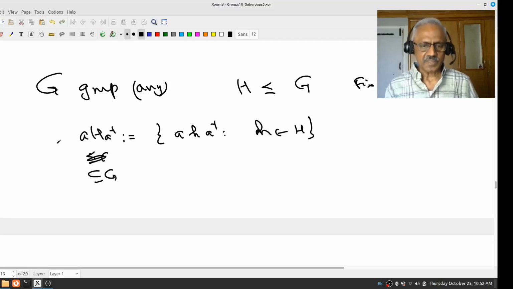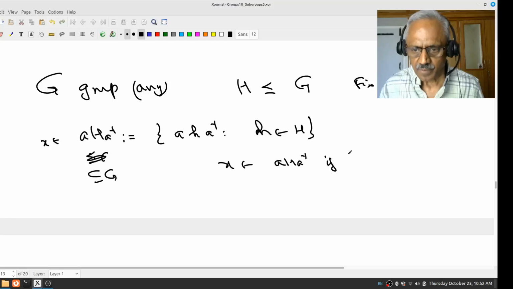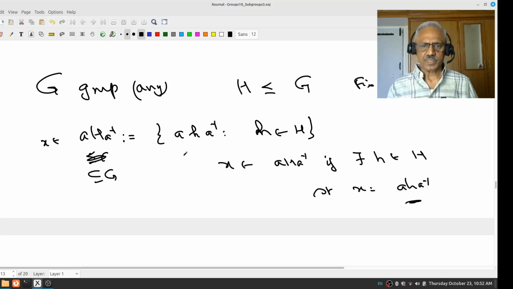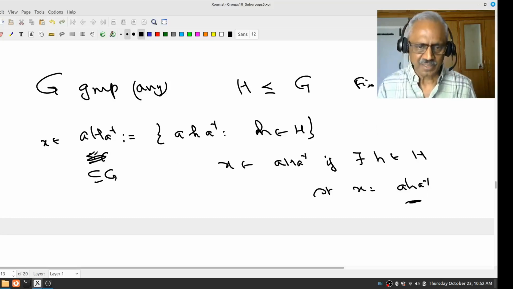When does an element x belong to this? x belongs to that if there exists an h in H so that my x is a h a inverse. So we are simply saying it's a collection of all elements of the form a h a inverse. Again, foundation course will help you to understand this better.